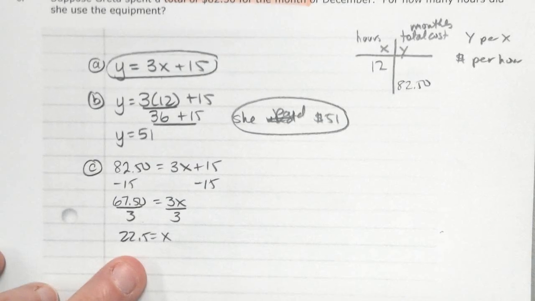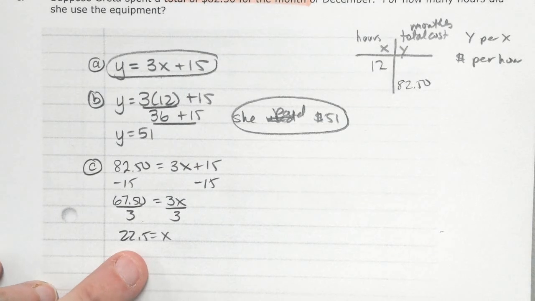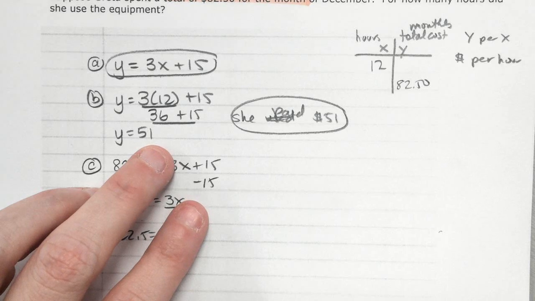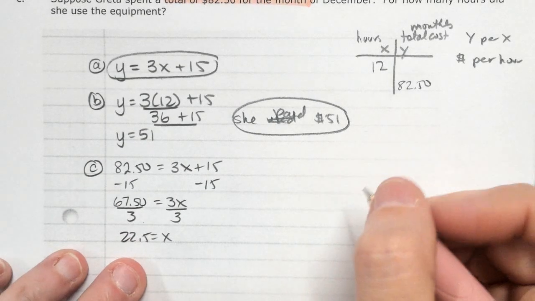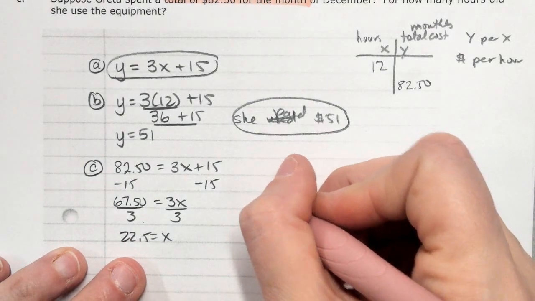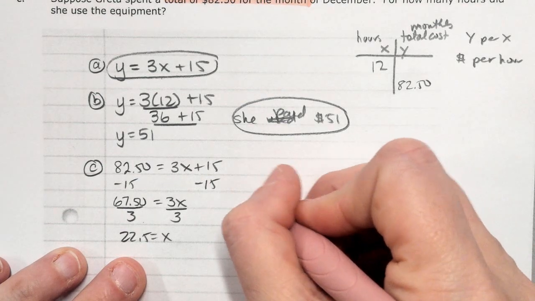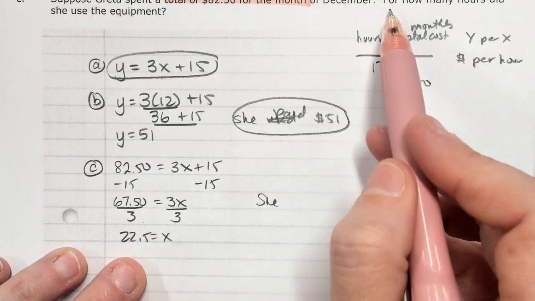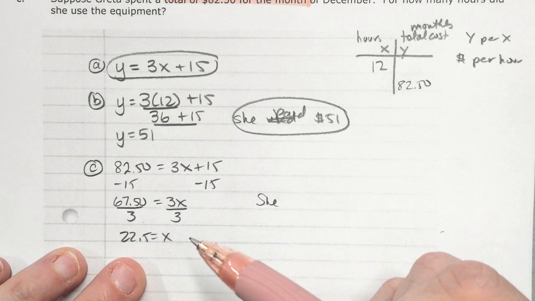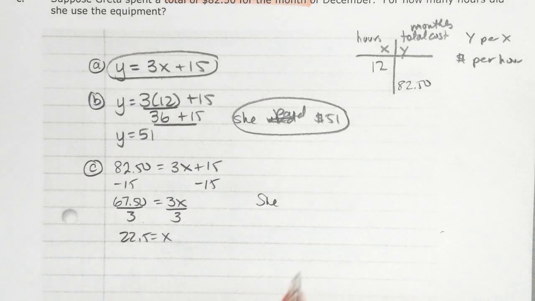You just have to think about that before you say it, because what if our answer here had been 51.5? Could we have put $51.5? No, we would have put $51.50. So in this case, I'm okay with 22.5, but what does 22.5 mean? For how many hours did she use the equipment? Respond to me in a complete sentence.